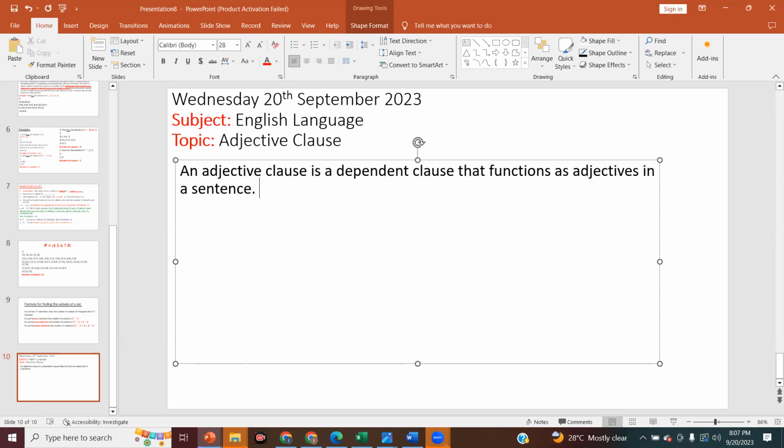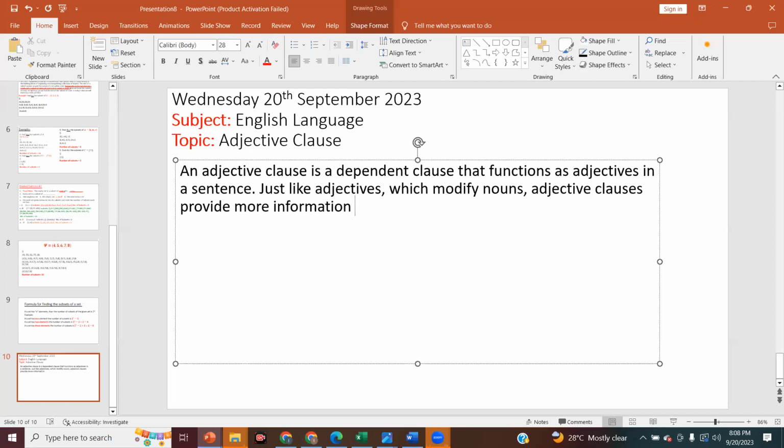Just like adjectives, which modify nouns, adjective clauses provide more information about a noun.